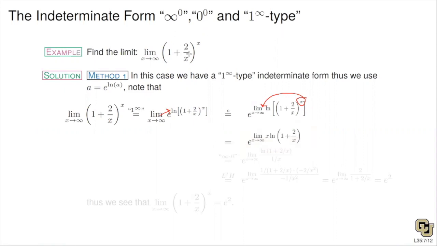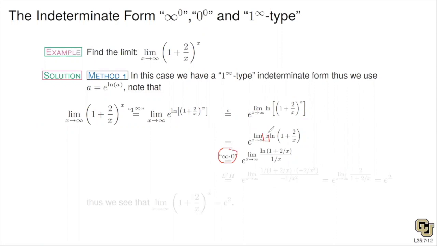Now I'm just working this limit up here. When I send x to infinity, the term in the front, x, goes to infinity. The second term goes to ln of 1. So I have an infinity times 0 type indeterminate form now. The strategy is to divide one term by the reciprocal of the other.